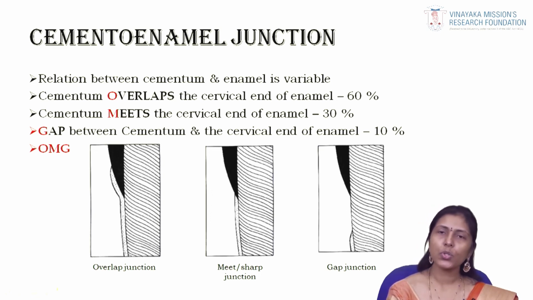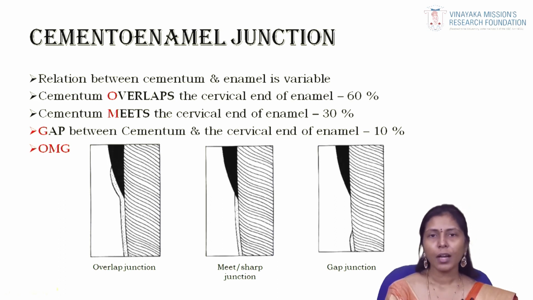Sometimes it's going to meet at a sharp point, that you call a butt junction or sharp junction. Sometimes there is going to be an overlap of cementum over the enamel. So cementum, instead of being present only in the root portion, sometimes might extend to the crown portion over the enamel. That you call an overlap junction.